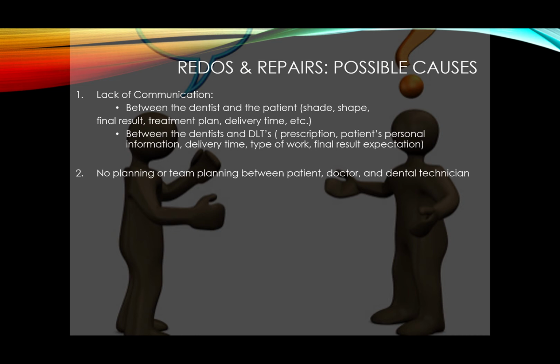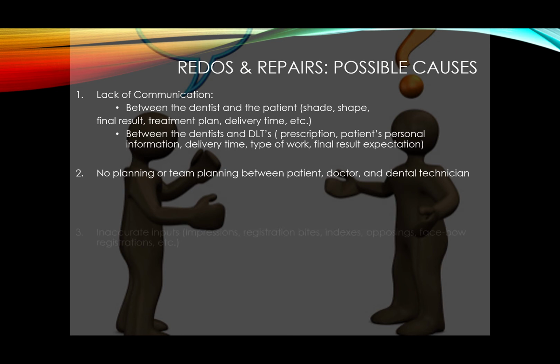So I gave you a bridge that doesn't look good because the occlusion of it looks like the letter U because of the over-eruption. I didn't ask and you didn't say, and at the end of the day that over-erupted tooth was going to come out, and then we were going to restore the upper two. So why would we give the patient two bridges that don't look good? That's what I mean by no planning or team planning between patient, doctors, and dental technicians.